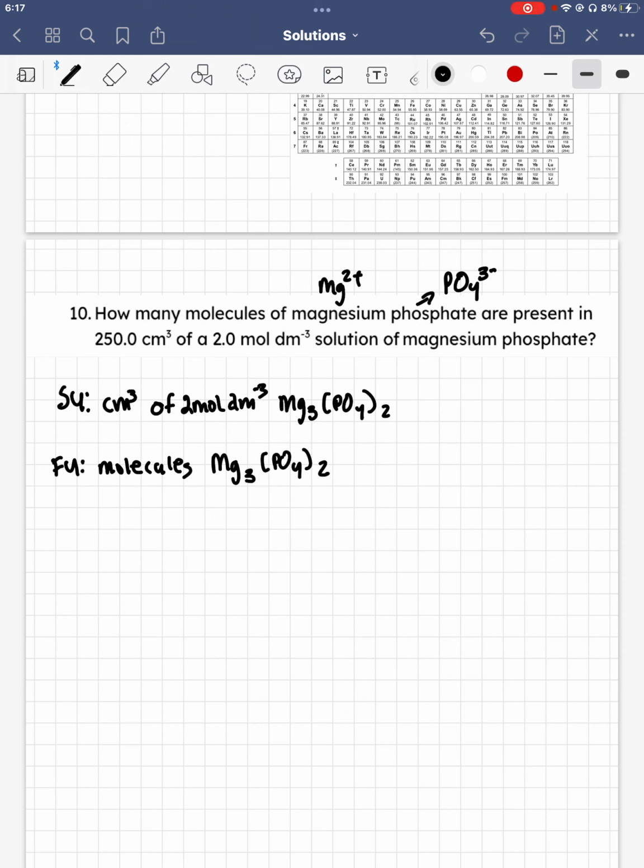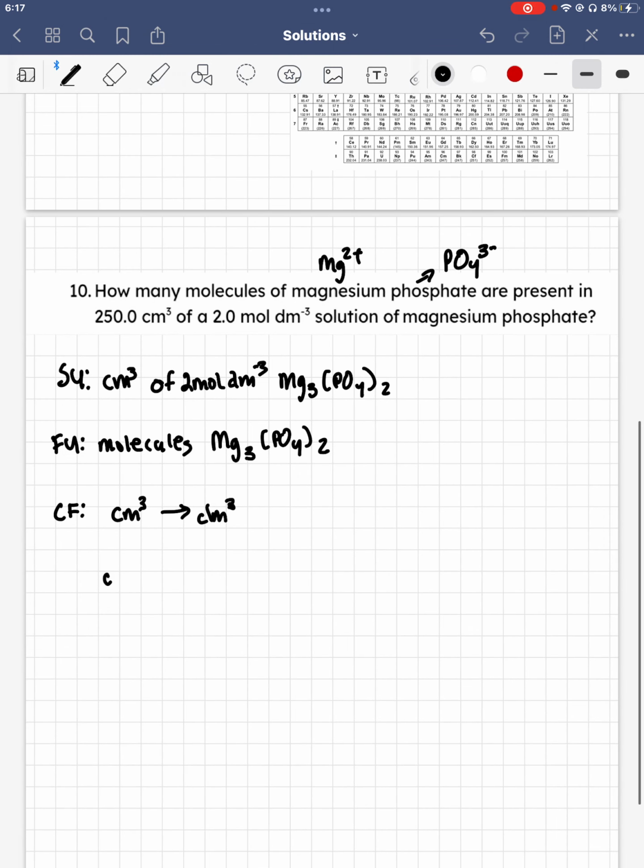And the conversion factors that I'll need, well, I'm starting in centimeters cubed, so I convert to decimeters cubed, because centimeters cubed is not super helpful. I can then go from decimeters cubed to moles using molar concentration. I have a solution, so in order to get into moles, I need the concentration.